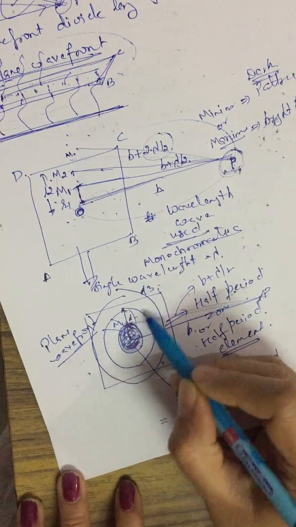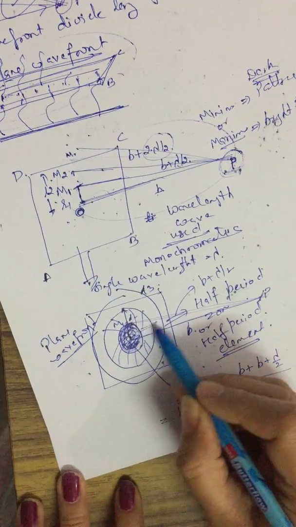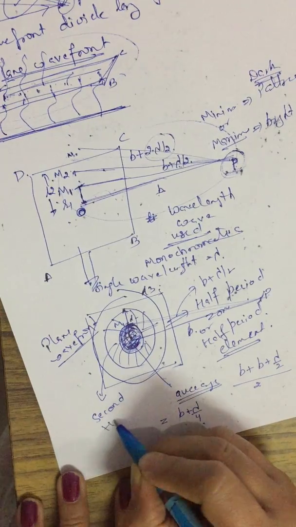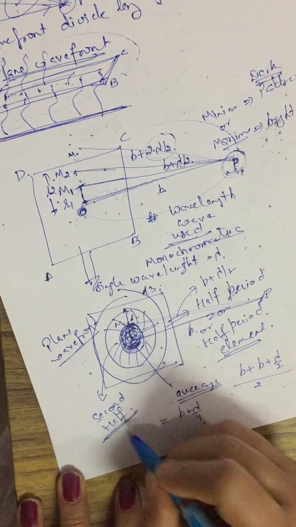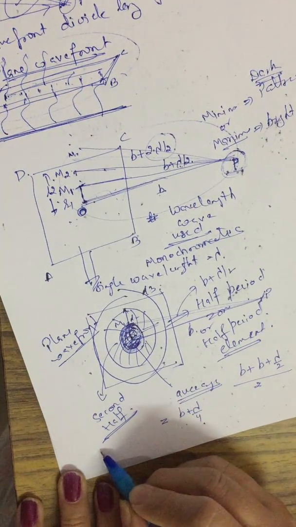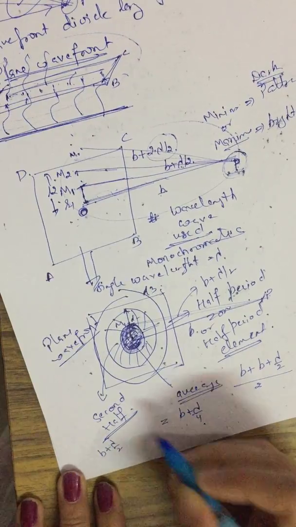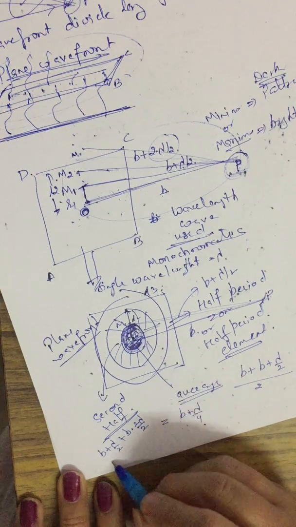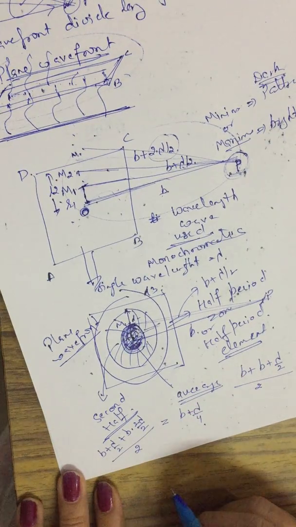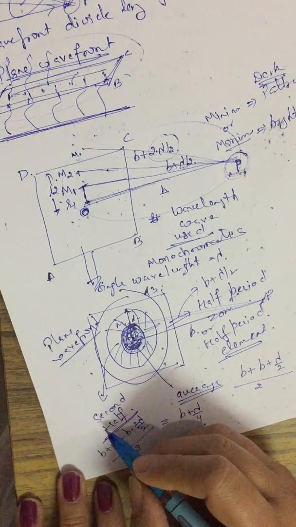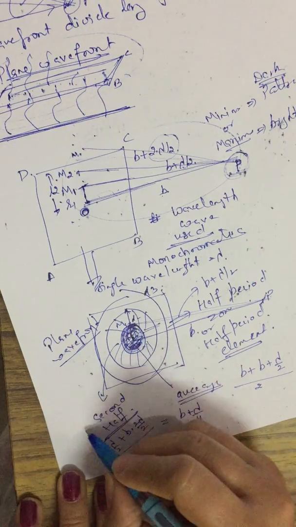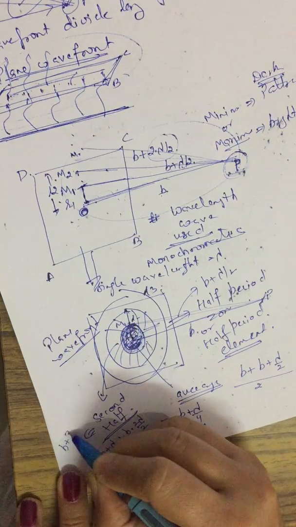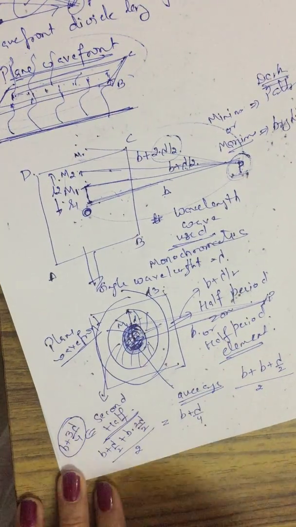Similarly, if we find the average distance of this second half period zone, then we have to take b plus lambda by 2 plus b plus 2 times lambda by 2, divided by 2, and we will obtain the average distance b plus 3 lambda by 4.